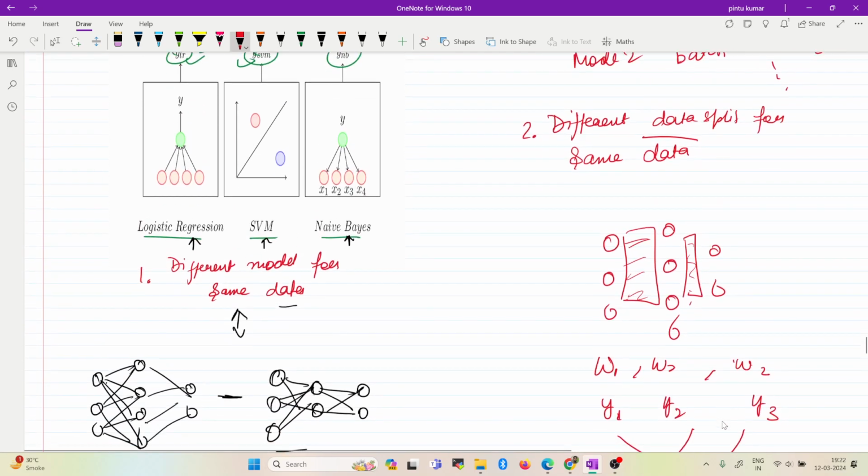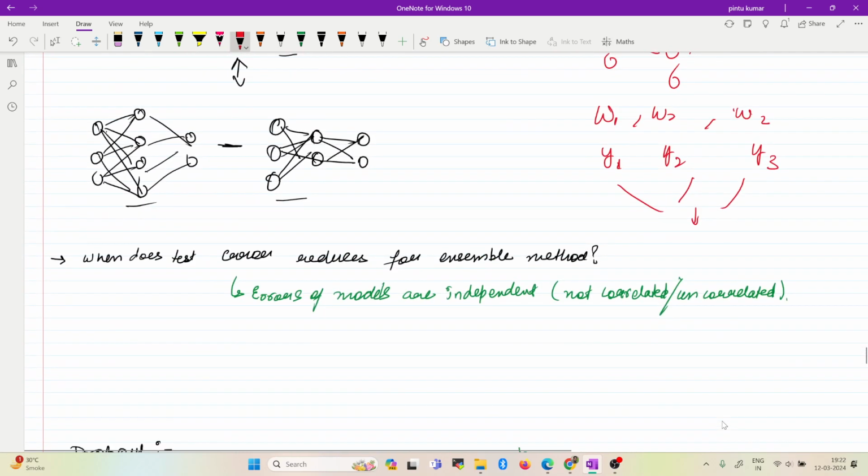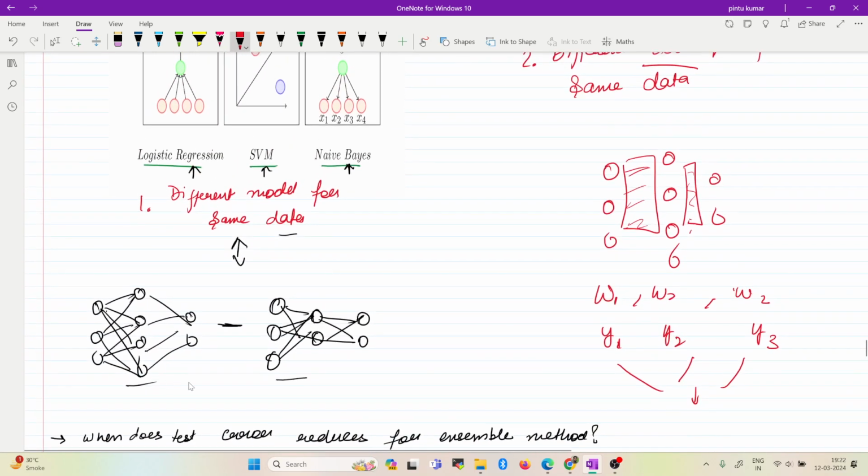Let me motivate this. When we refer to deep networks, generally people mean that you have many hidden layers and many neurons in these hidden layers.